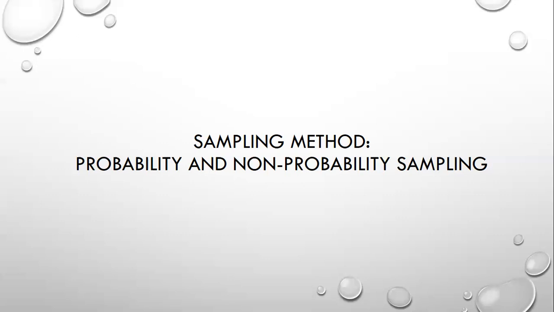To do this, we use sampling. We have two general kinds: probability and non-probability sampling. Probability sampling involves selecting subjects in such a way that the odds of their being in the study are known or can be calculated. We begin by defining the population we want to study. The second condition is that the researcher must use an unbiased method for selecting subjects.